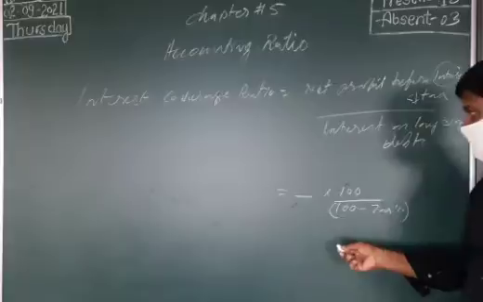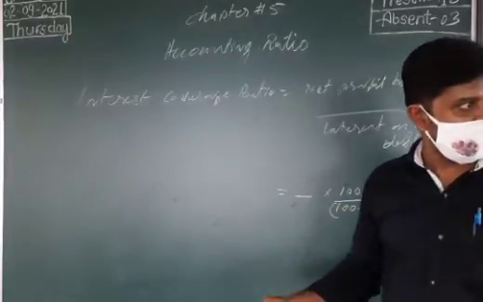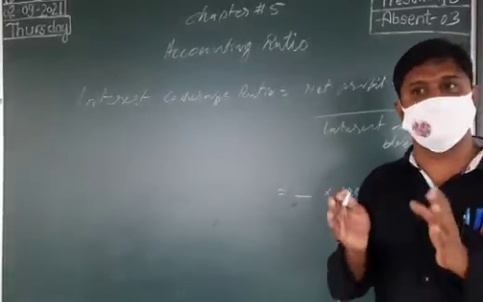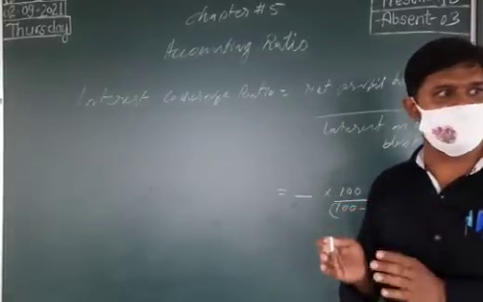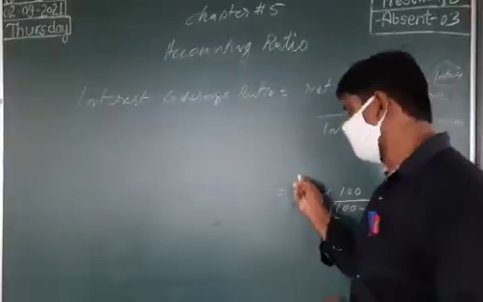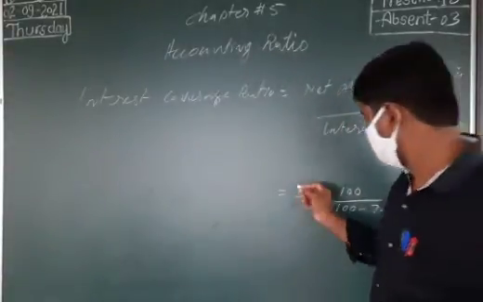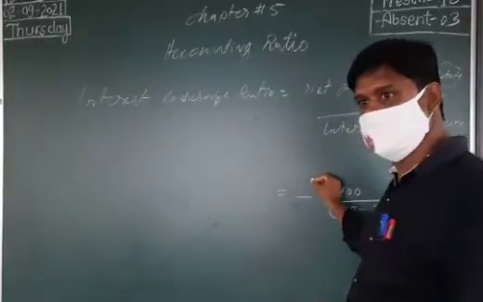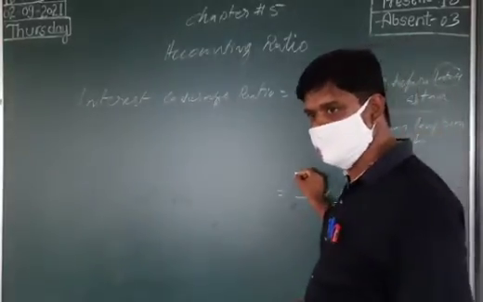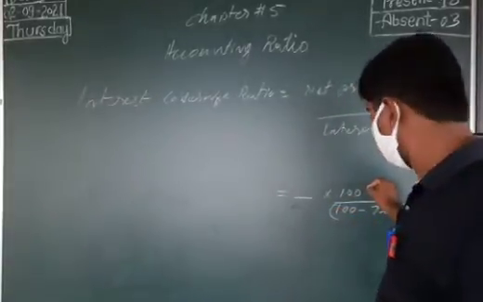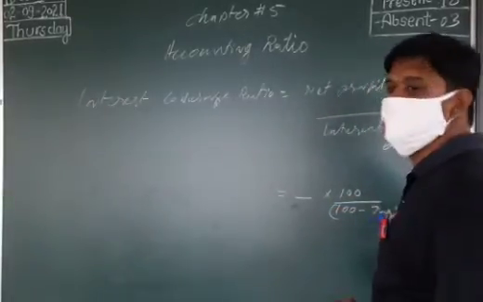That formula is: net profit after paying tax. If we get the net profit after tax, that amount we write here, and we consider it as the principal amount. The principal amount into 100 upon 100 minus the tax percentage.